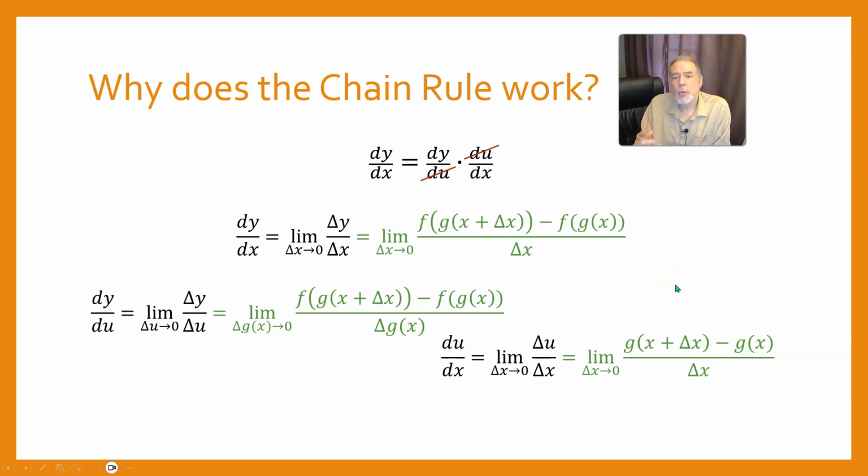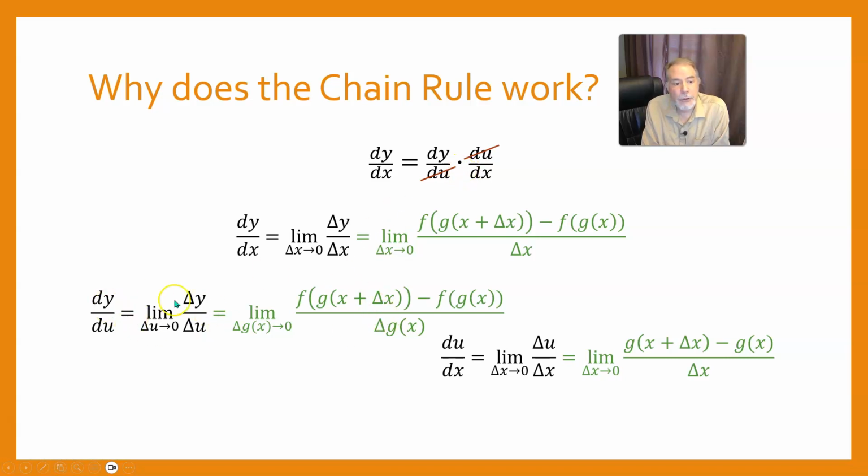Actually working through this and proving it rigorously gets a little tricky. There are a couple of subtleties that you have to allow for, but the basic idea does involve just canceling out a common factor that appears on top and on the bottom.